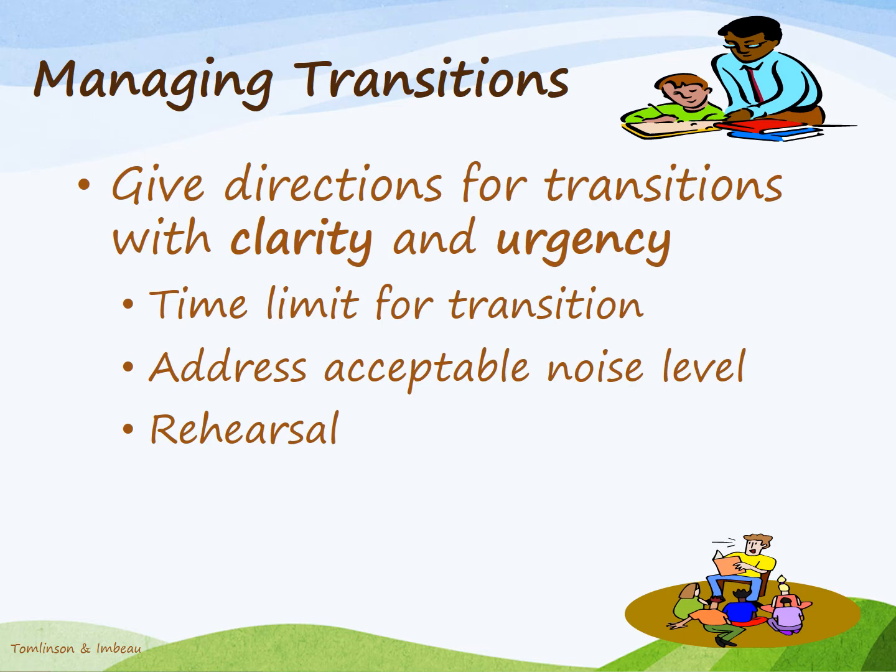Giving clear instructions, setting limits for time, and appropriate noise level can make transitions smoother. Even though it takes time to get transitions tight, it's worth it to go back and try it again. The time spent rehearsing this process really pays off quickly.